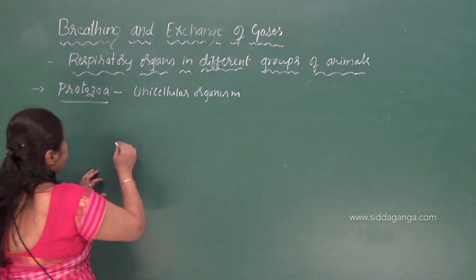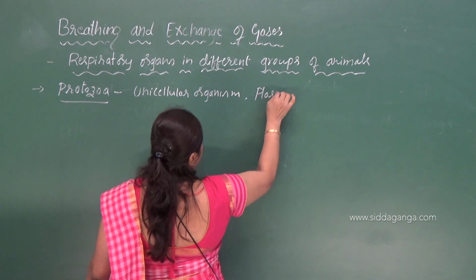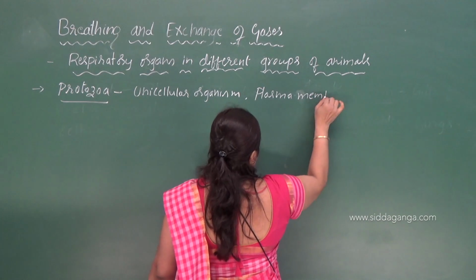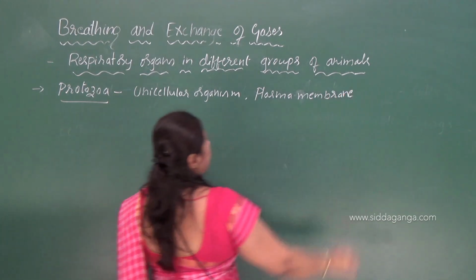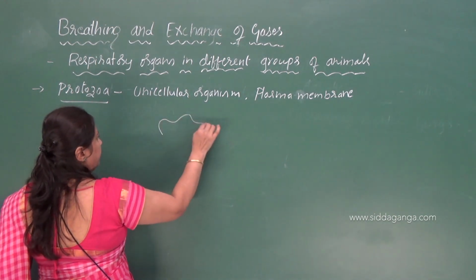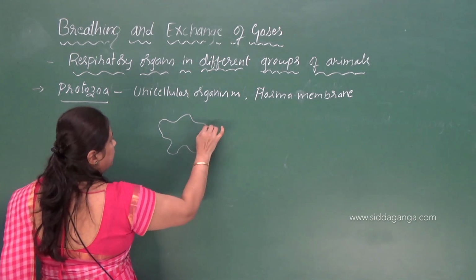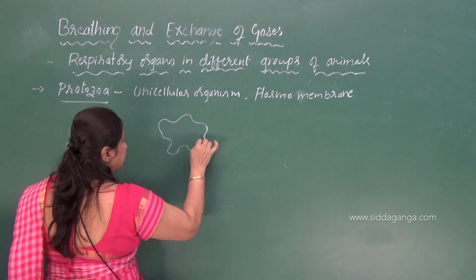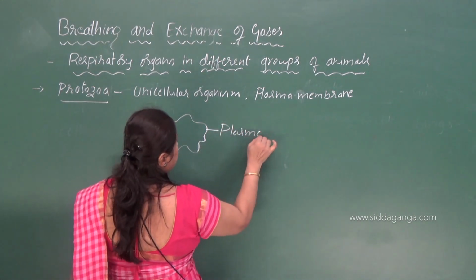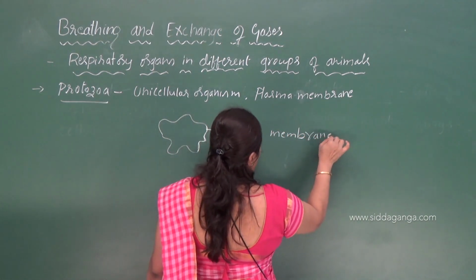See, for example, here the exchange of gases occurs through the plasma membrane. For example, this is an amoeba. It is a protozoa. This is having a plasma membrane. Okay.